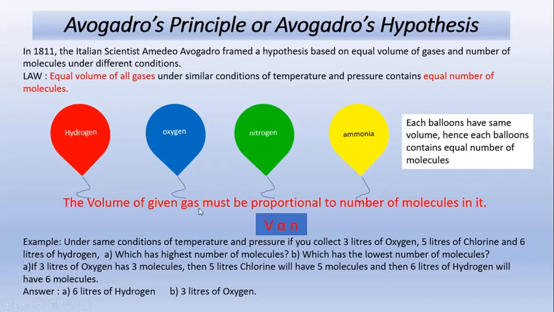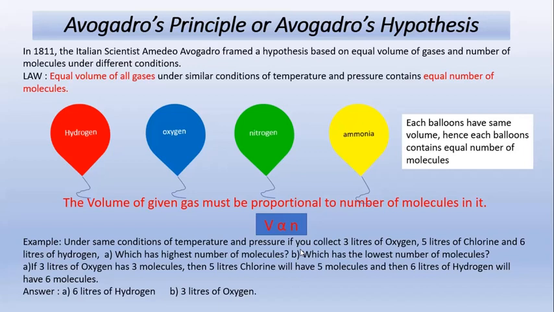He said the volume of a gas is directly proportional to the number of molecules. V is directly proportional to N, where V is the volume of a gas and N is the number of molecules present in it. So if the volume increases, the number of particles will increase. If the volume decreases, the number of particles will also decrease.